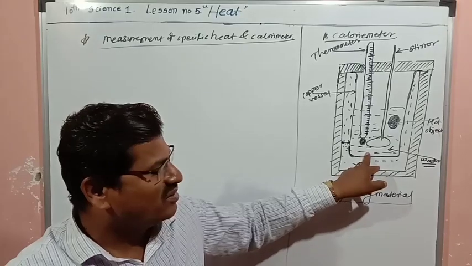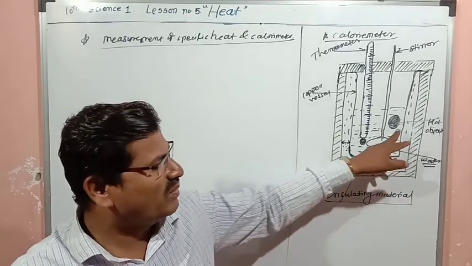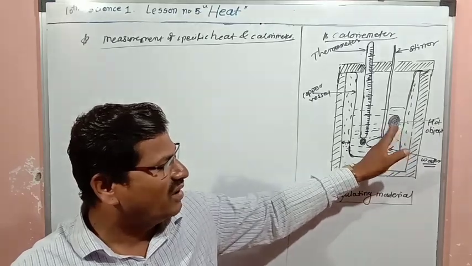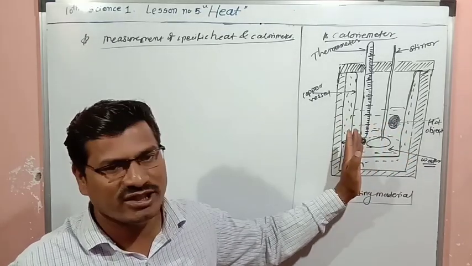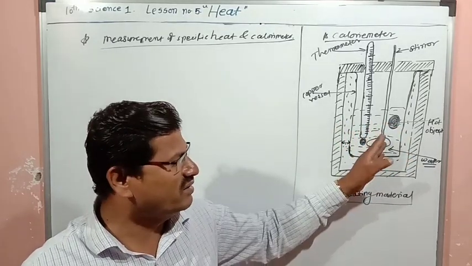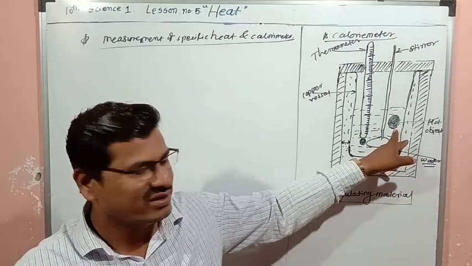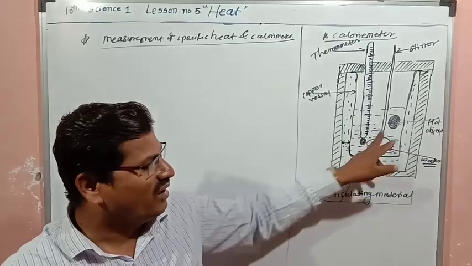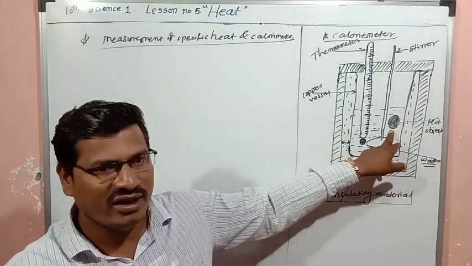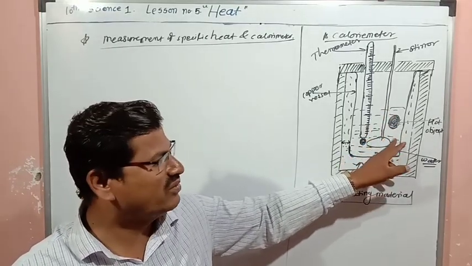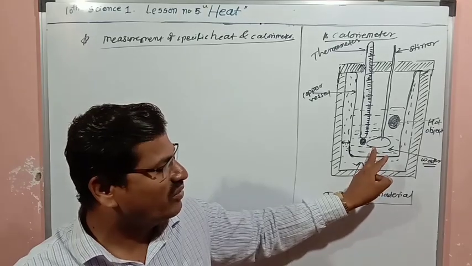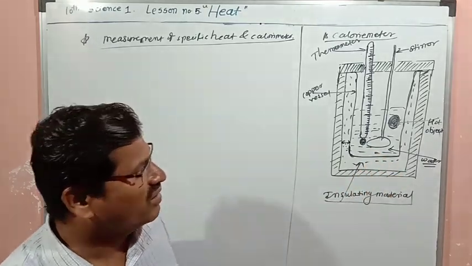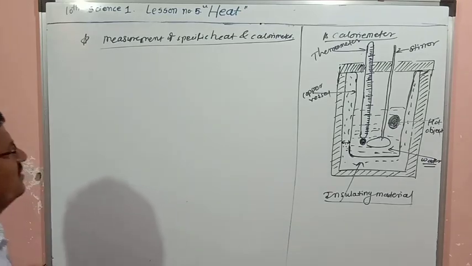Suppose you have to note down the initial temperature before placing the hot object, and when an exchange of heat takes place, the temperature will change. The hot object will lose heat energy, and the cold objects will get heat energy. The heat lost by the hot object, iron ball or any object, is equal to the heat gained by water, as well as the heat gained by the calorimeter. So here also you are applying the principle of heat exchange.